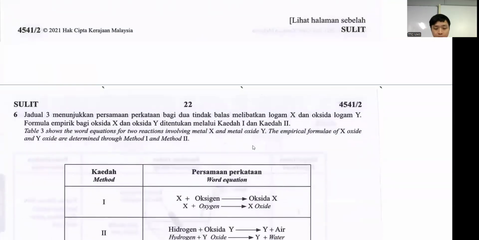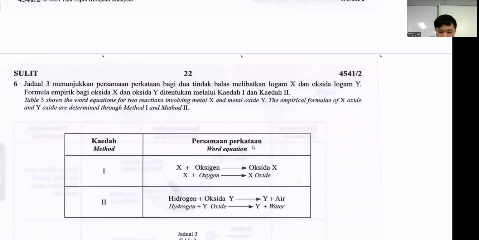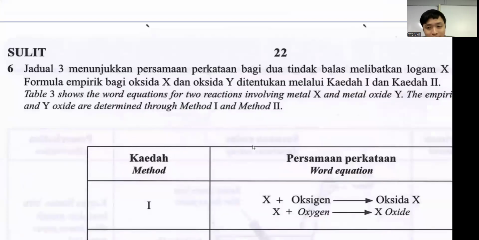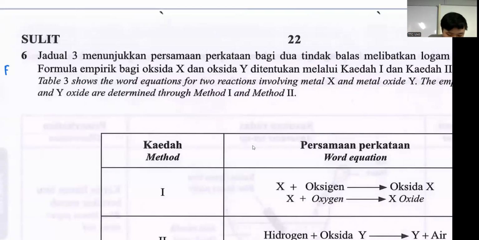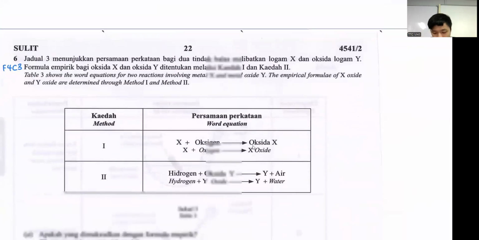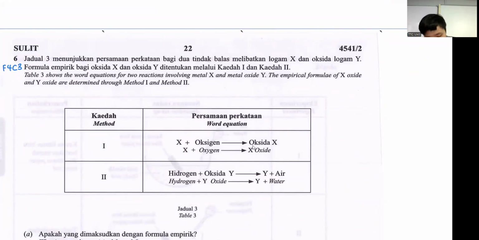Next, question 6. This is Form 4, Chapter 3, the empirical formula. Table 3 shows the word equations for two reactions involving metal X and metal oxide Y. The empirical formulae of X oxide and Y oxide are determined through method 1 and method 2.